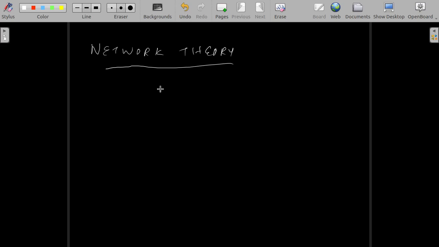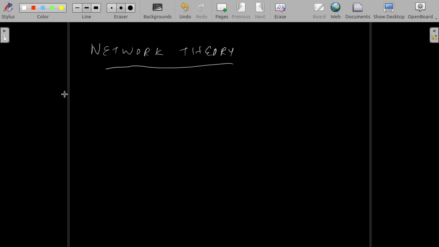What we'll be doing in this lecture is, first we'll start with some basics. We will go through the basic notations and symbols that we are going to use in this subject. We'll begin with that, and then we'll take up some theorems, and we'll start solving problems based on that.